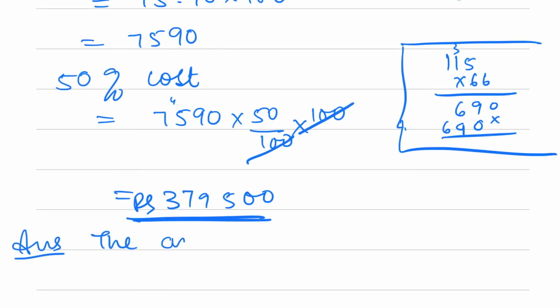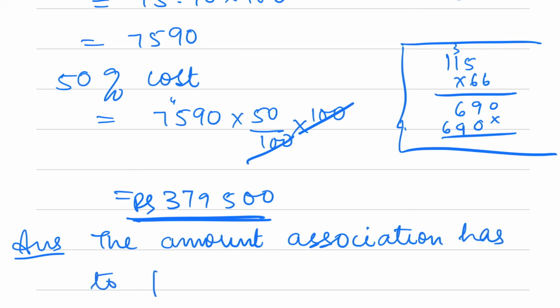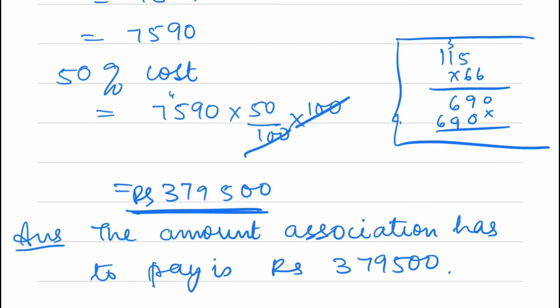The amount association has to pay is rupees 379500, and they are asking the value shown by these association, means they were helping the flood victims. Value based questions.